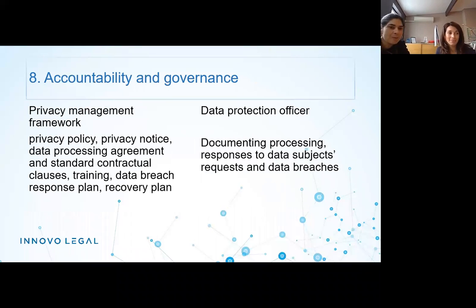Yes. So accountability and governance, and that goes back to what you need to do internally, the steps you need to take. So the big piece is having a privacy management framework, and that, whether it's the GDPR or any privacy legislation, is basically that framework internally that helps you comply. And as part of that, you will need a privacy policy.